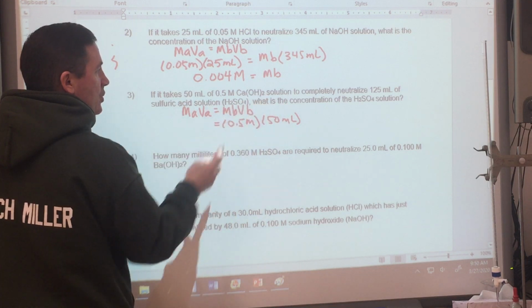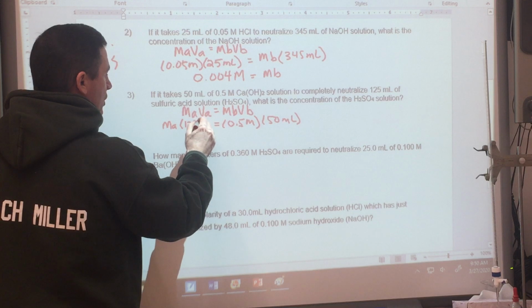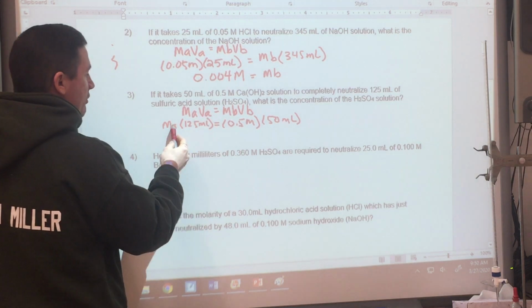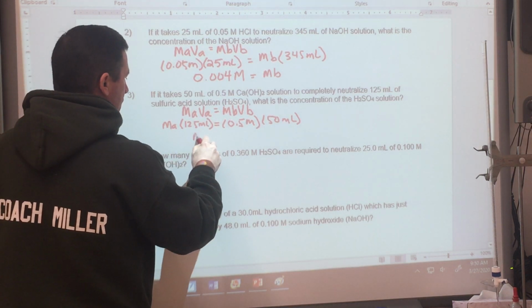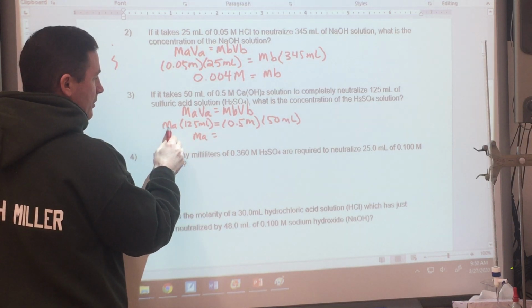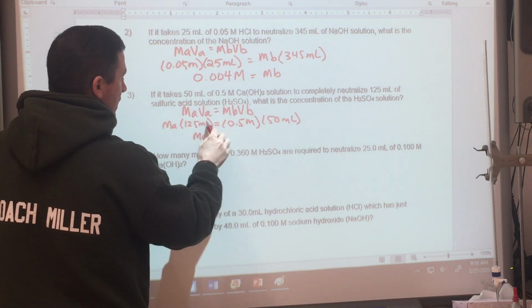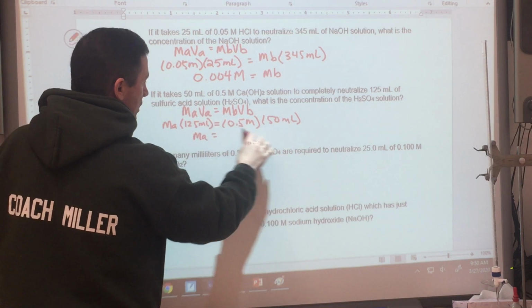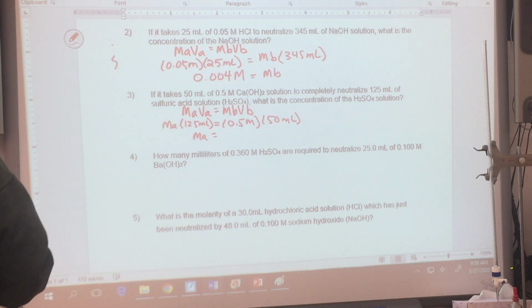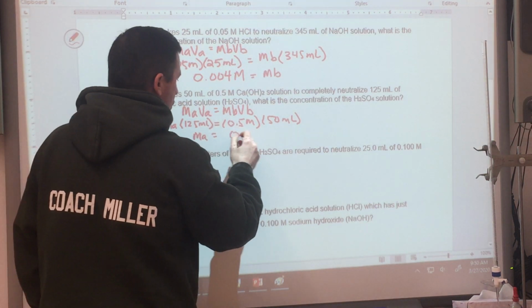They're asking to neutralize 125, so I'm looking for the concentration of the acid. I solve for the molarity of the acid by multiplying these two and then dividing by this. I get an answer of 0.2 molar.